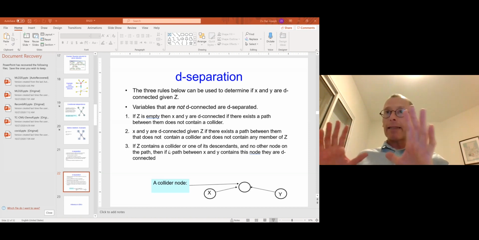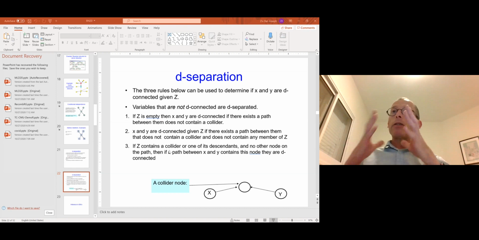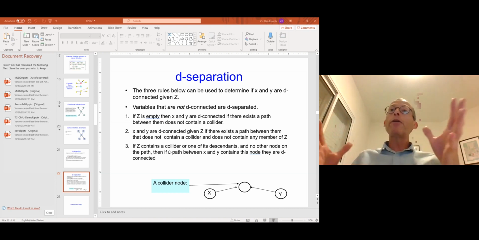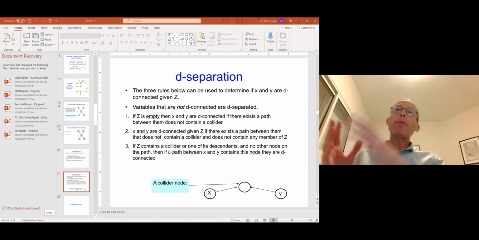I'm just stating them. The good news is that using these rules, if I give you two random variables, you can determine whether nodes in the network are conditionally independent given an empty set or a set of nodes that contain some other nodes.